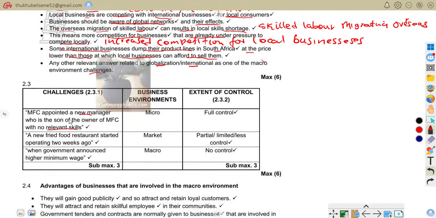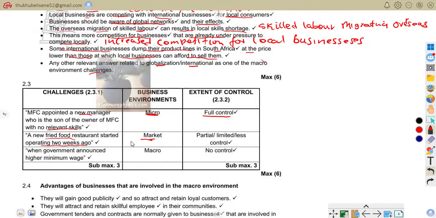So this is a challenge under the micro environment, and the business has full control of that. But under the market environment, from the scenario, there is a competitor that opened a business nearby. It says a new fried food restaurant started operating 2 weeks ago.